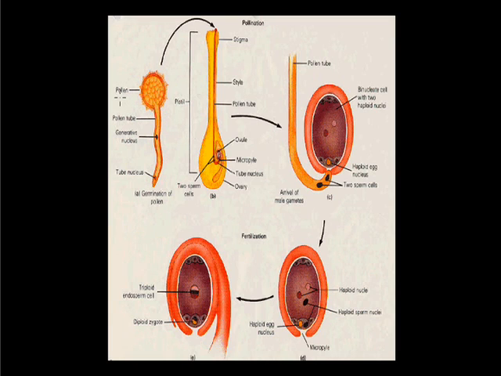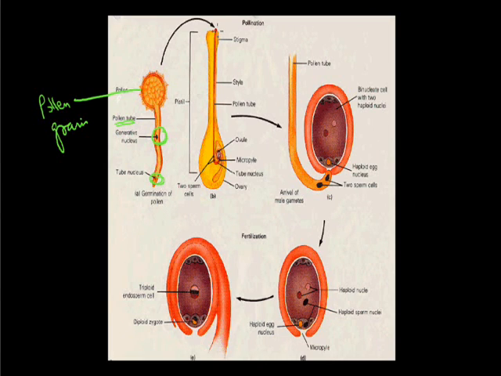See, this is the pollen grain, and this is the pollen tube. This is the generative nucleus, and this is the tube nucleus.